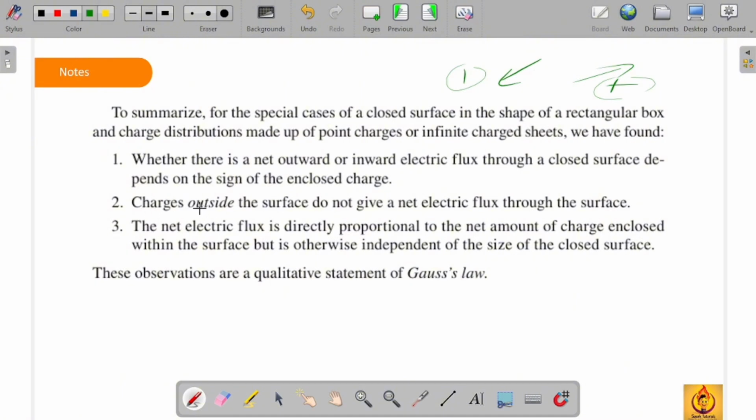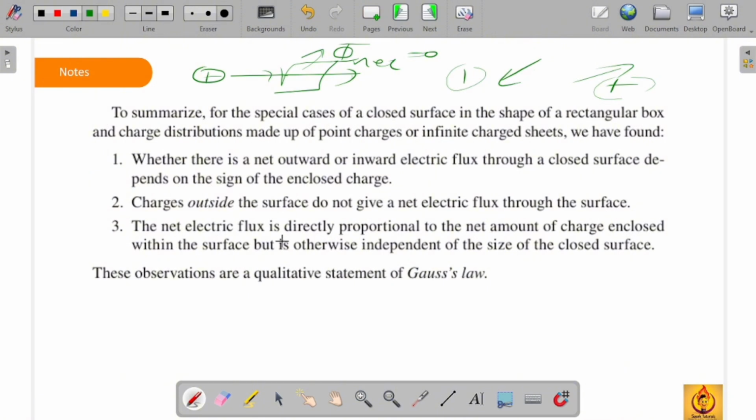Another one is that charges outside do not give any net flux. So that's what we saw. If a charge is outside and this is your shape, flux in, flux out, the net flux is 0. The other case is whereby you change the dimensions.